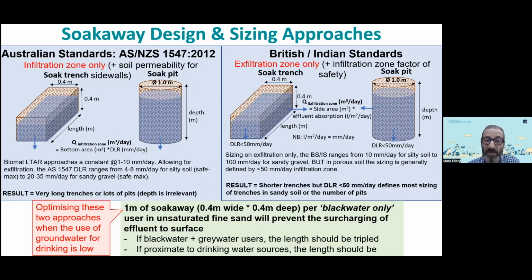And so we think that you could potentially size soakaways based on 1 metre per person, based on the Australian standards of 0.4 metres wide by 0.4 metres deep, which will prevent the surcharging of effluent to surface.